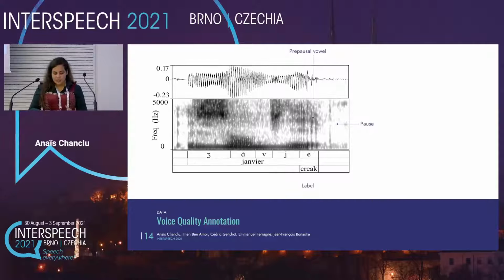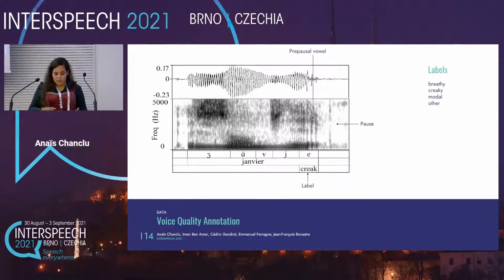During the annotation process, we isolated vowels directly followed by a pause, and by listening to the vowels and visualizing the spectrogram, a label was assigned to them. The vowels were annotated in 3 categories, breathy, creaky, and modal, and the label other was assigned when the annotation was unsure.